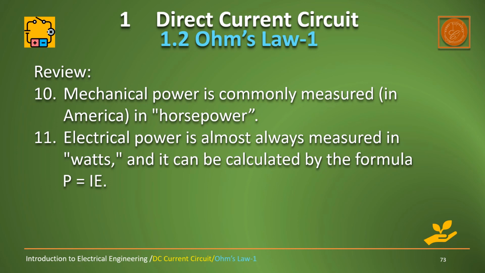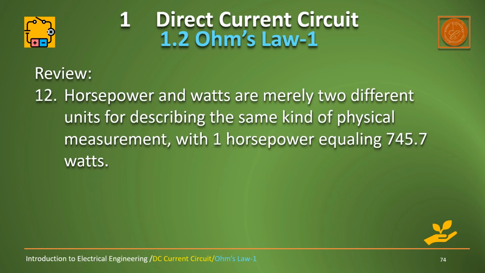Number 11, electrical power is almost always measured in watts, and it can be calculated by the formula P equals I multiplied by E. Number 12, horsepower and watts are merely two different units for describing the same kind of physical measurement, with 1 horsepower equaling 745.7 watts.